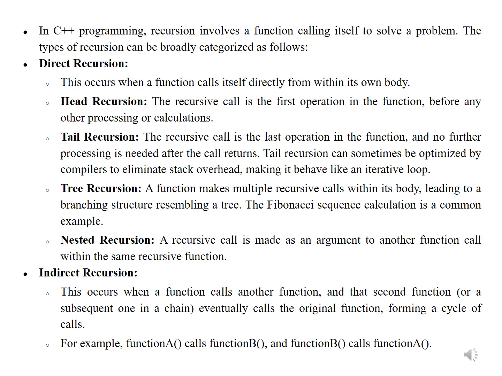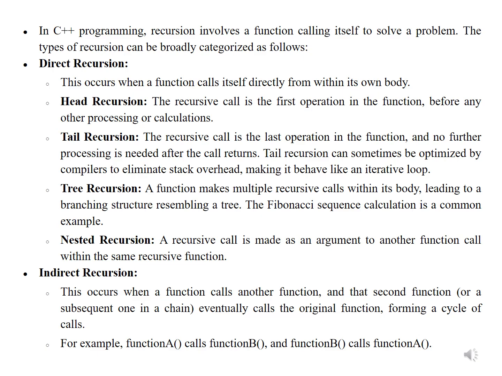The types of recursion can be broadly categorized as direct recursion and indirect recursion. Direct recursion occurs when a function calls itself directly from within its own body. Head recursion: the recursive call is the first operation in the function, before any other processing or calculation.